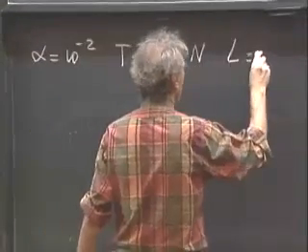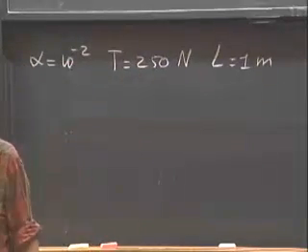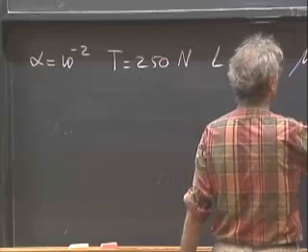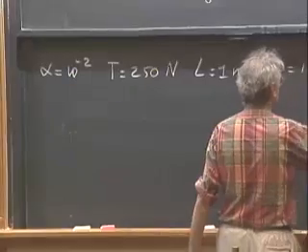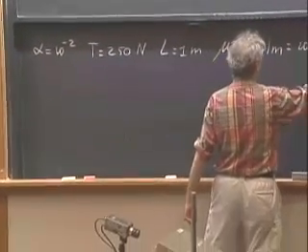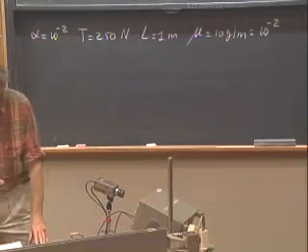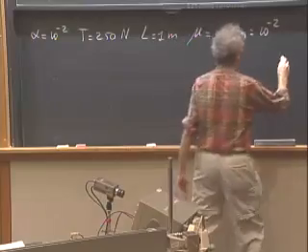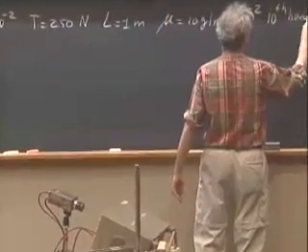I take the length of a piano string, which is 1 meter, just for simplicity. And I give it a mass per unit length of 10 grams per meter. So that would be 10 to the minus 2 in our SI units, 10 to the minus 2 kilograms per meter. And I want to explore with you the 10th harmonic of this string.